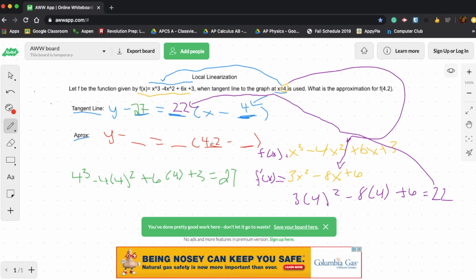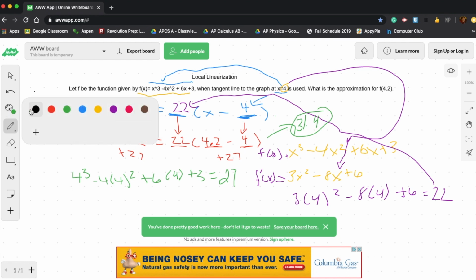So I'm going to plug in 4.2 and bring everything else down: 22, 4, same thing with 27, and then you just solve for y. You add 27 to both sides, plug it into your calculator, and when I do that, I get 31.4 as my solution.